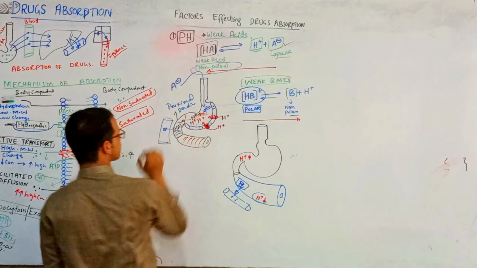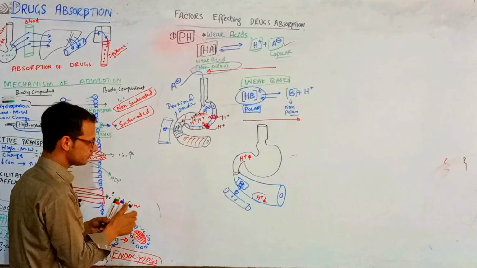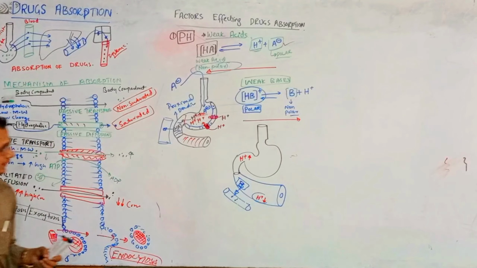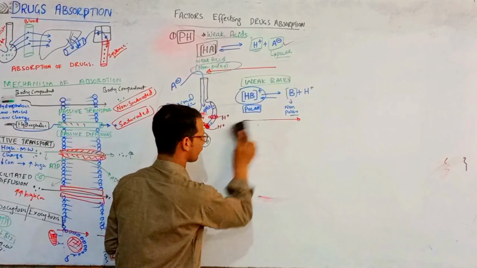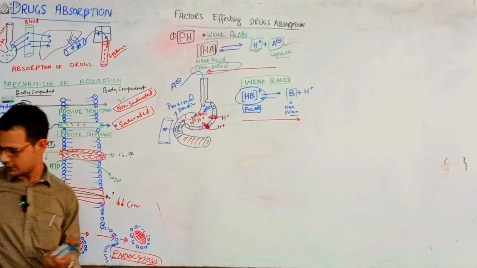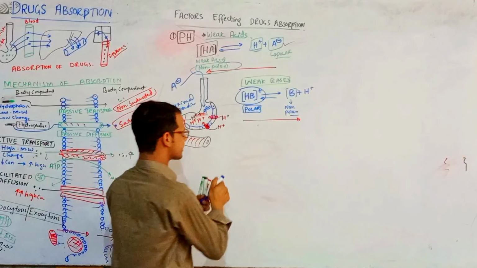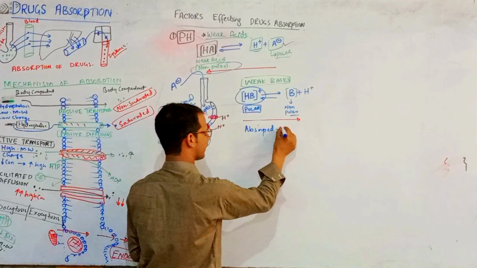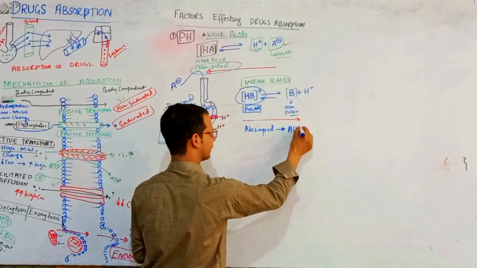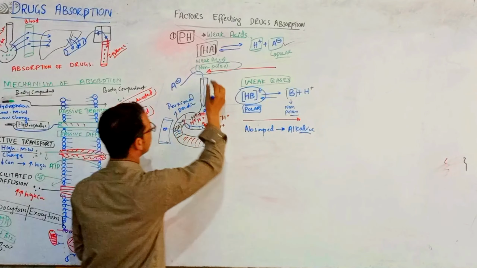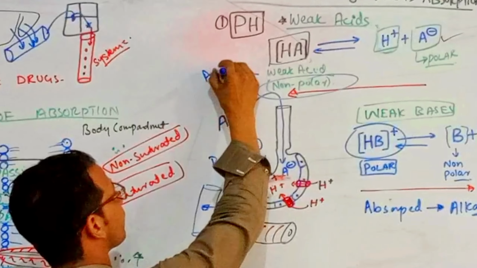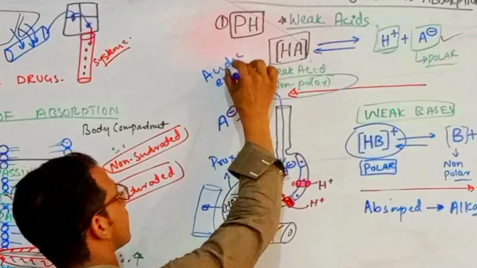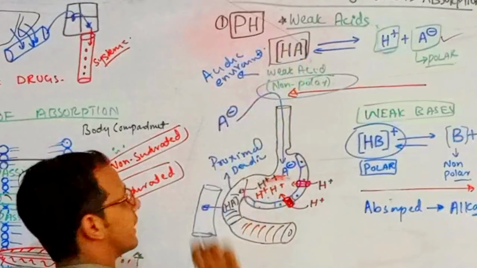The next factor is blood flow. Weak bases will be highly absorbed from an alkaline environment, and weak acids from an acidic environment.